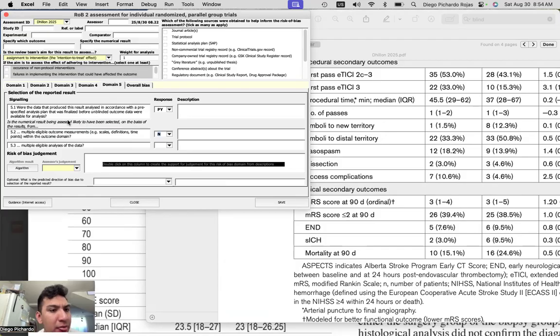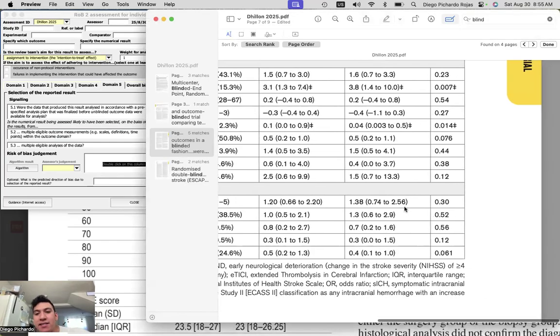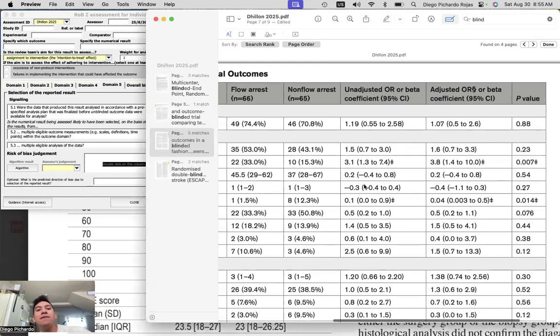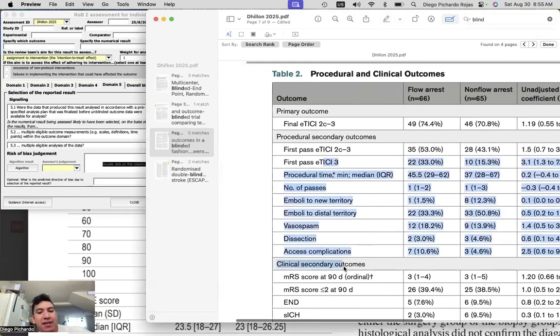Could the results have been selected due to multiple eligible analyses? Imagine I do 100 tests and I only report the good ones. That would not be good. In this case, they did report all of the outcomes. You see, everything is reported.